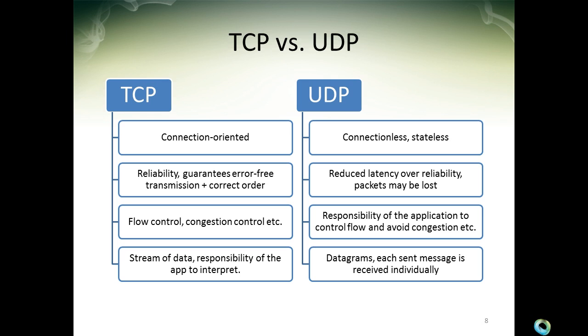TCP is a connection-oriented protocol, which means you have to explicitly connect to a remote computer or to a remote server on the network before you can start communicating. And in the same way, you also have to or should close the connection when you're done communicating.